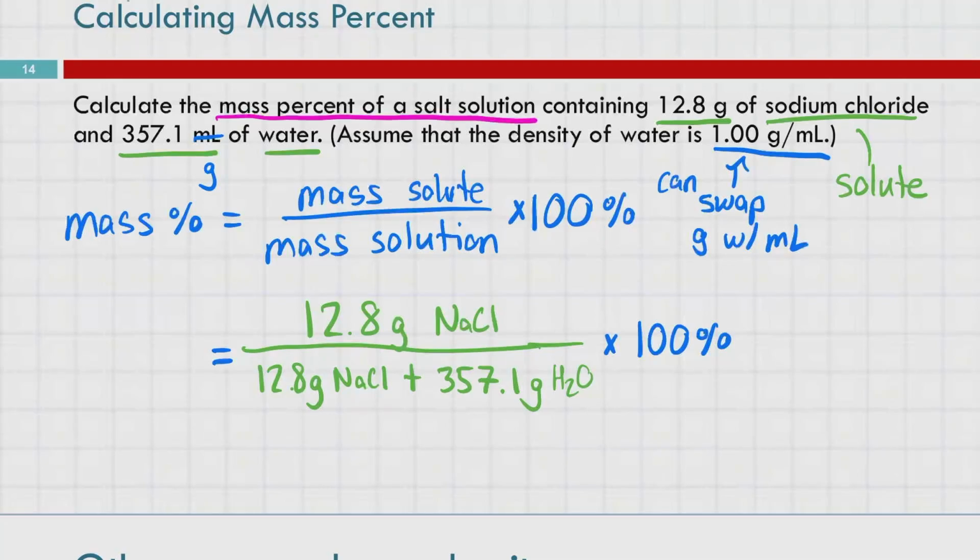An important thing to remember when you're putting this into your calculator, if you do it this way, you're probably going to want to put parentheses around your denominator, otherwise you'll get the wrong answer. Looks about right.